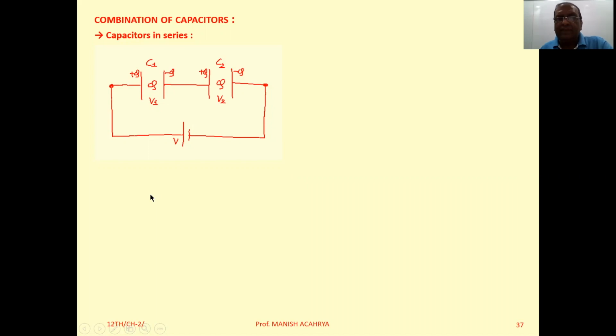Now, between these two ends, the supply voltage is V volt, and across the capacitors the potential differences are V1 and V2. So we can write the potential difference V equal to V1 plus V2.